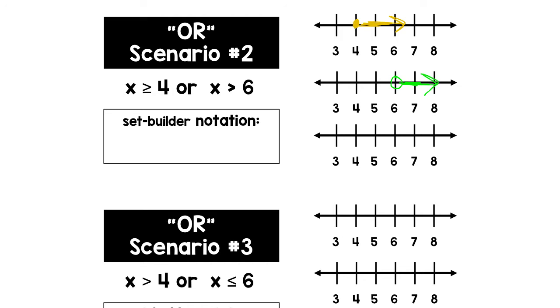So all we have to graph on our final solution number line is the top graph, because it includes both the first and the second graph. So our set builder notation will just be x given that x is greater than or equal to 4, because x greater than 6 is already included in that solution.